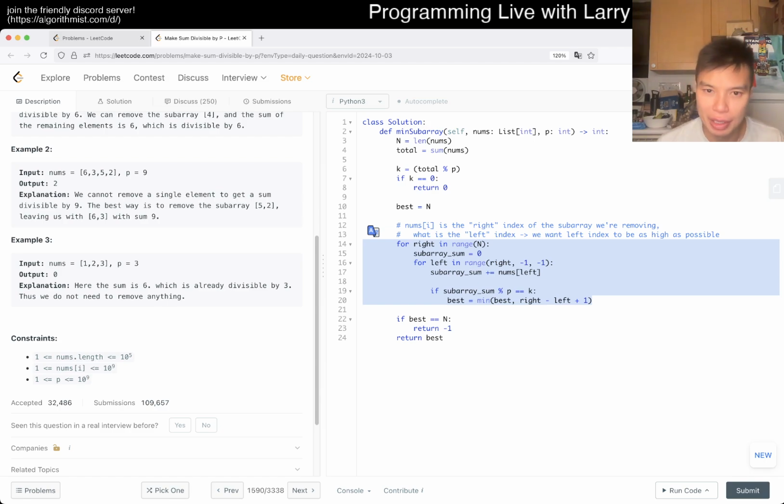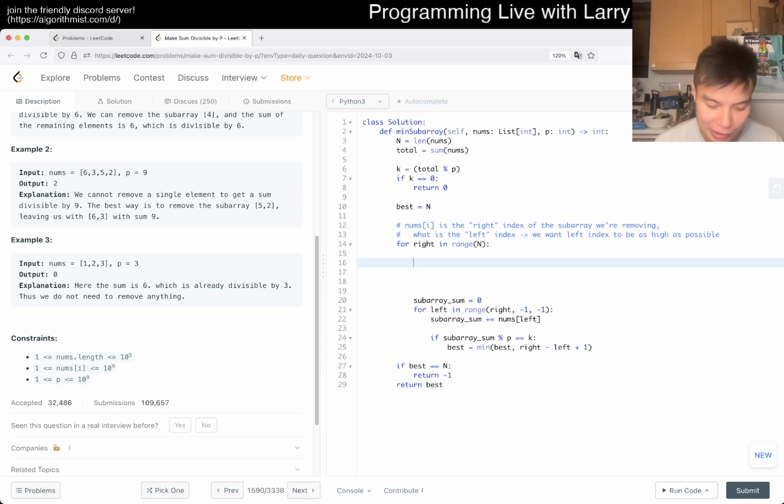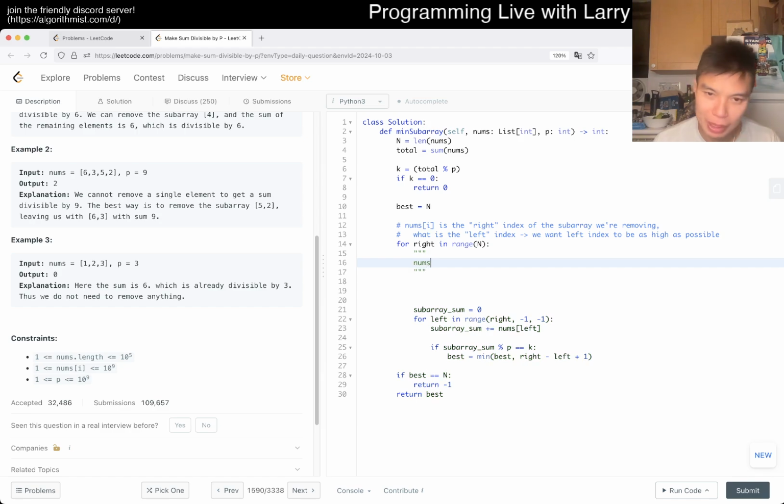We'll do the formulas in a sec. Basically we have num sub left plus num sub left plus 1 plus dot dot dot plus num sub right.